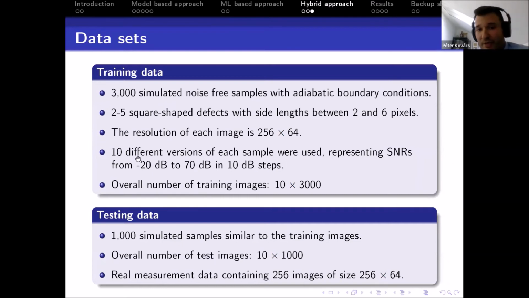And we also added Gaussian noise with SNR ranging from -20 dB to 70 dB. And with the same process, we generated 1,000 samples for testing the network.